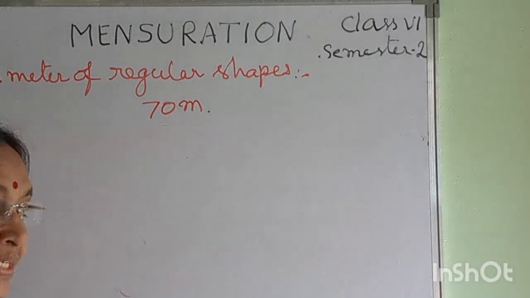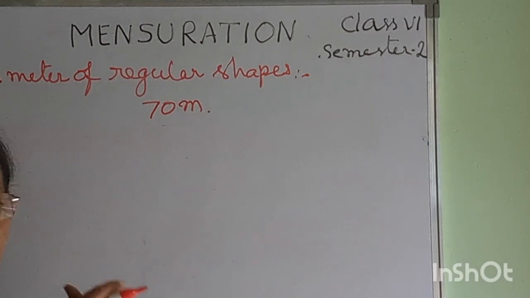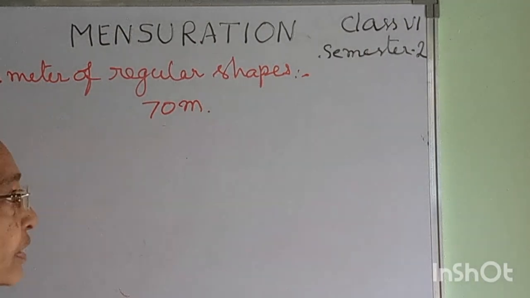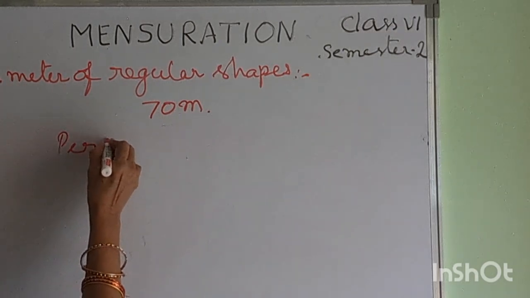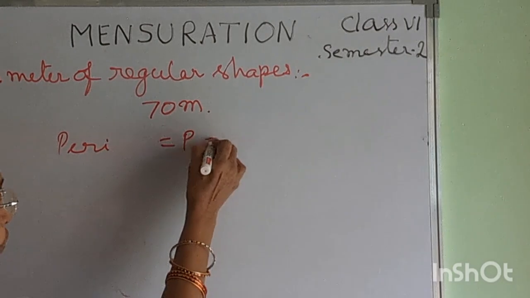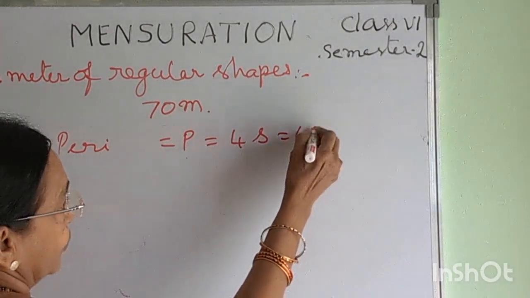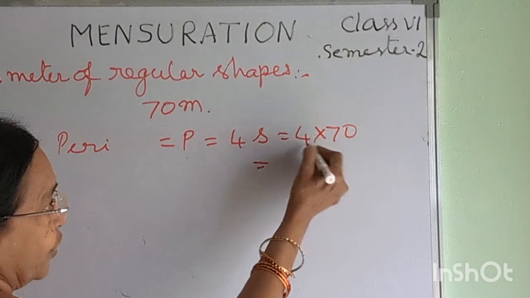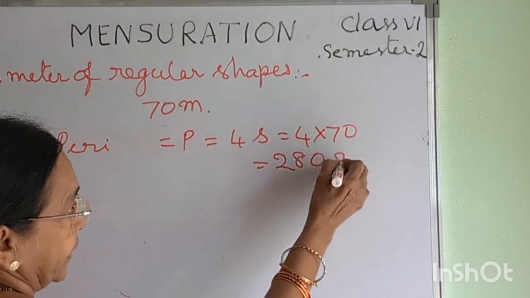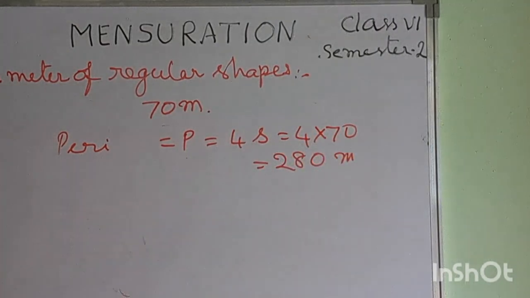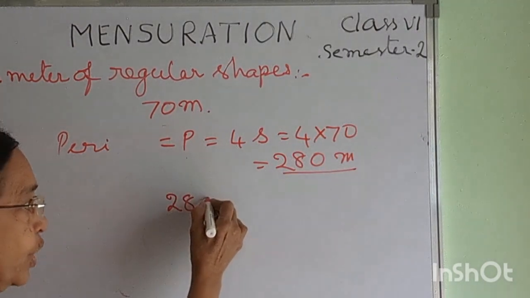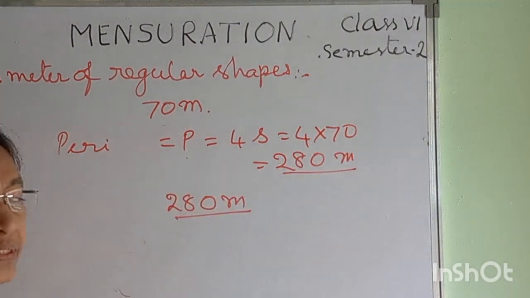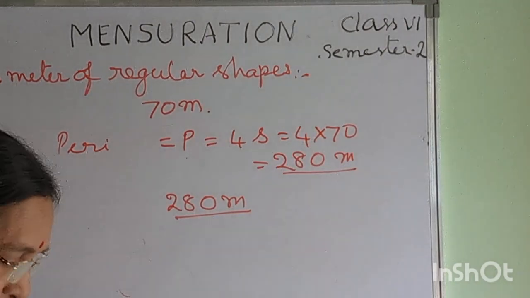So the perimeter of the square is equal to 4S, that is equal to 4 into 70, 4 sevens 28, 280 meters. So if Shaina takes 1 round, she walked a distance equal to 280 meters, the perimeter of the square park.